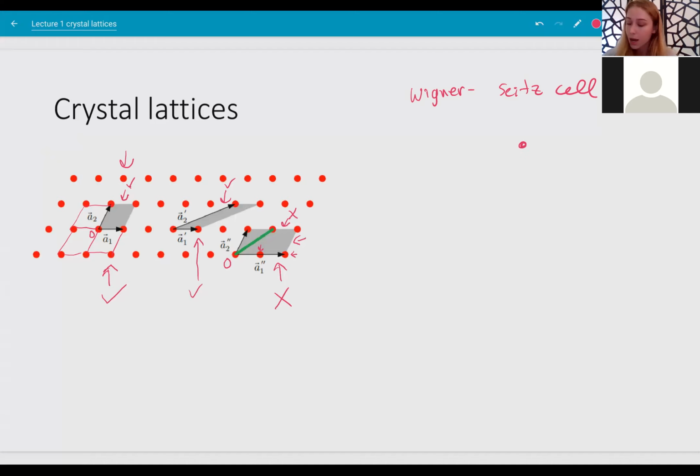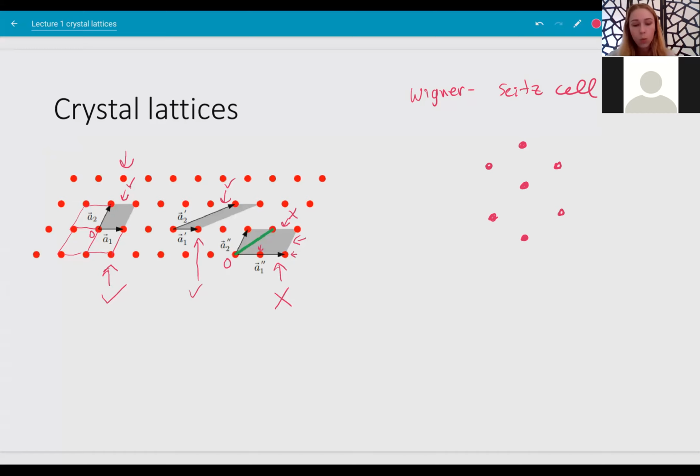So let me draw it for a hexagonal lattice. Okay, so this is supposed to be 6 points in a hexagonal lattice. Sorry, it's not drawn very accurately, but the procedure is as follows.